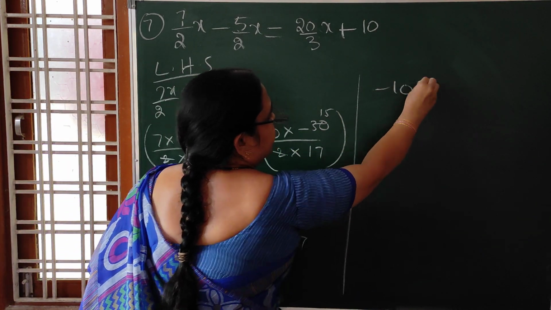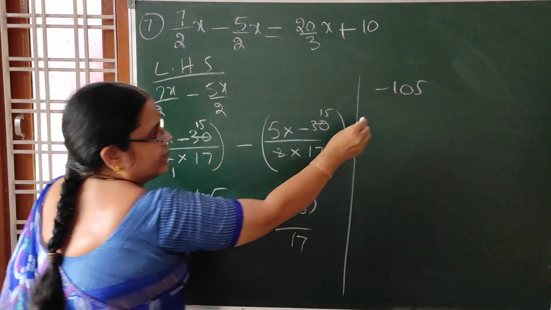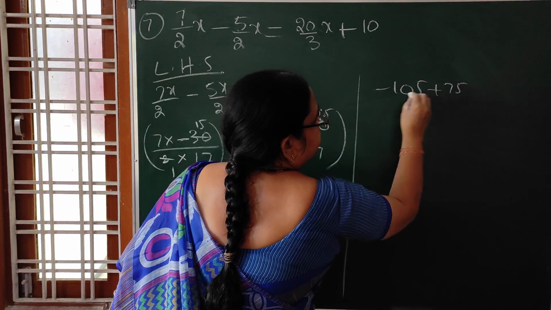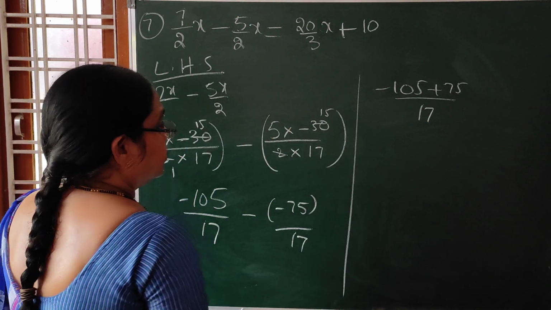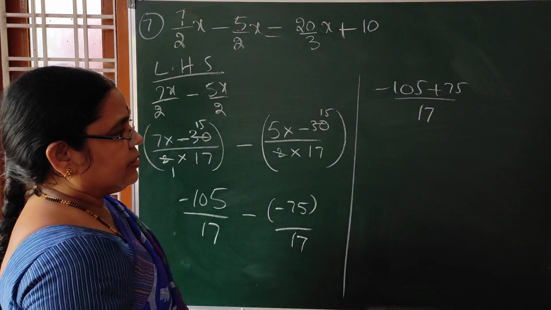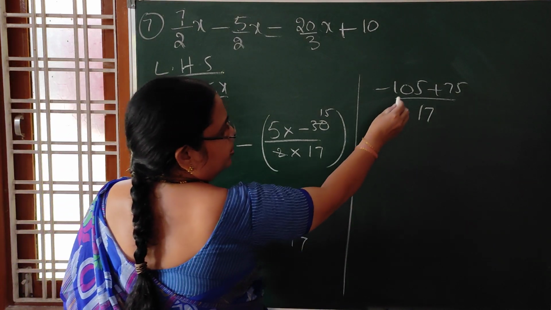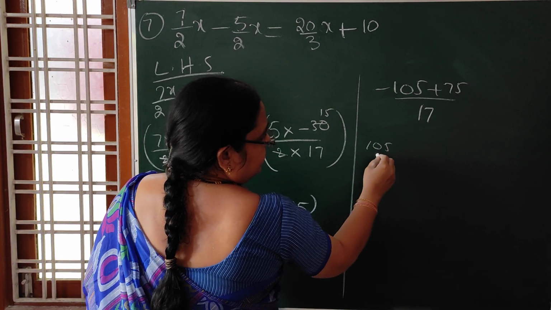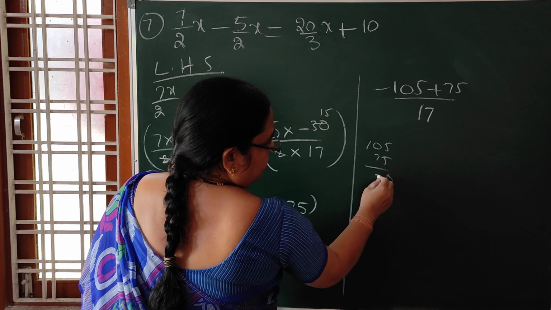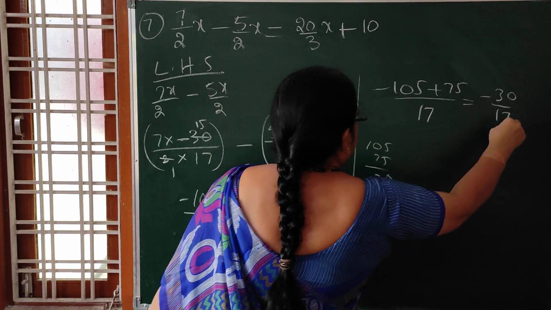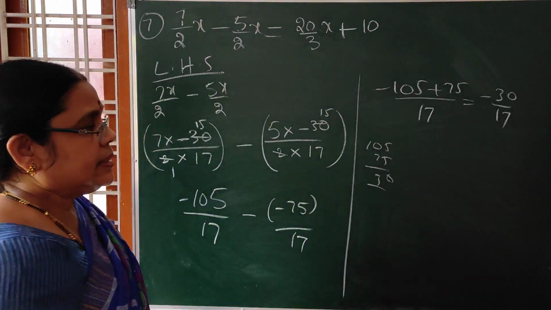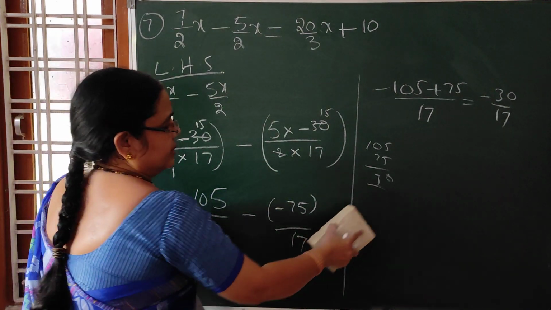Minus 105, minus into minus becomes plus 75 by 17. Minus 105 plus 75 by 17 becomes how much? 105 minus this is 30, so minus 30 by 17. LHS is minus 30 by 17.